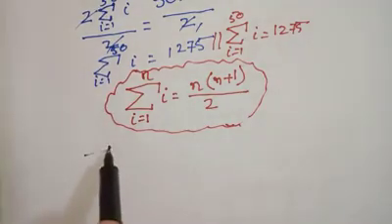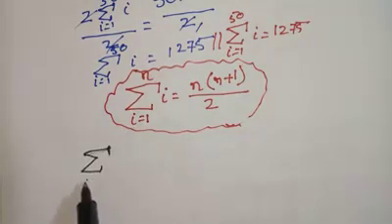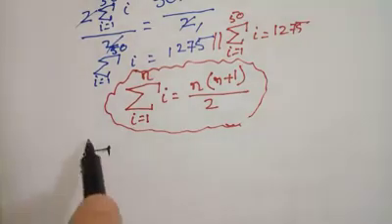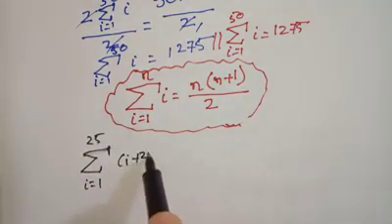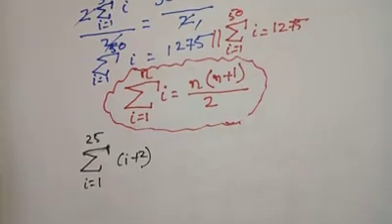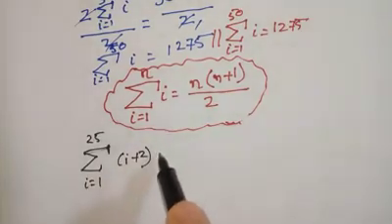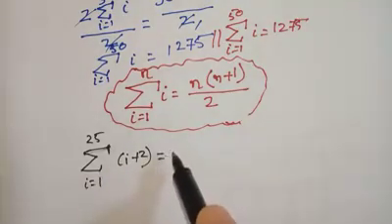So we write over here sigma I equals to 1 till 25, but the expression over here will be I plus 2. So we are going to solve this thing out. What we can write here is that we can split these things in different ways.